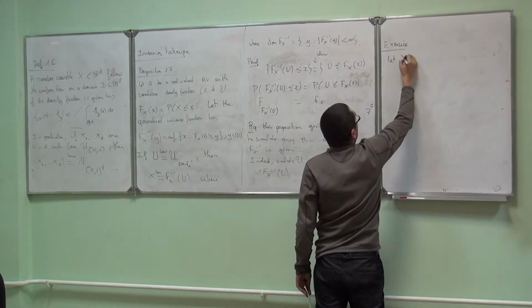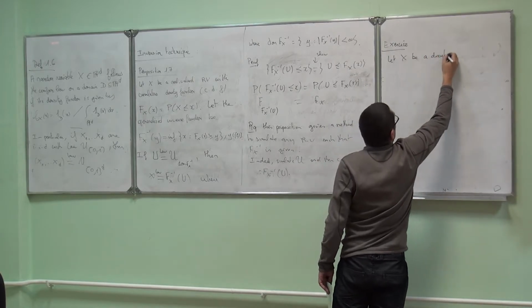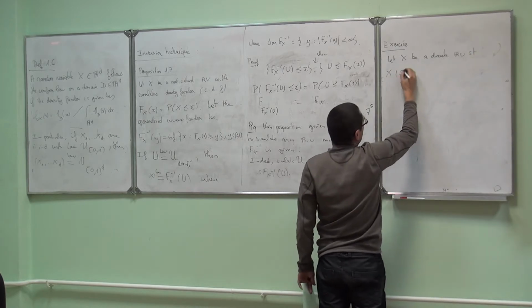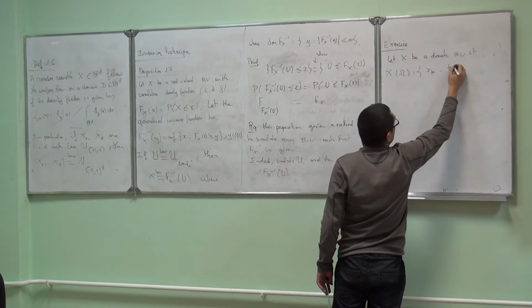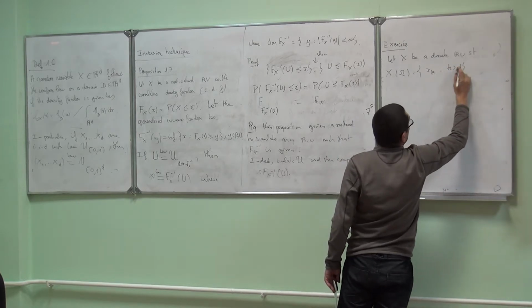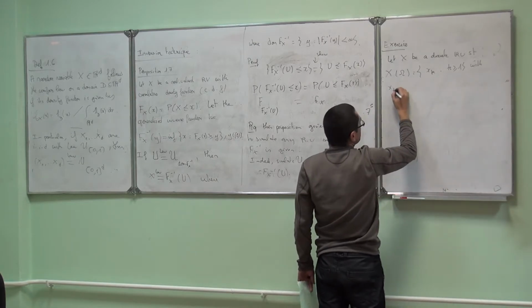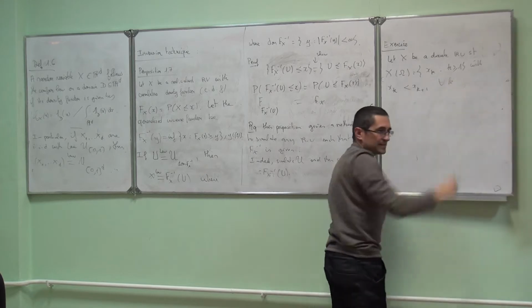Let X be a discrete random variable such that X(omega) equals some xk, k greater than or equal to 1, with xk strictly less than xk+1 for all k.